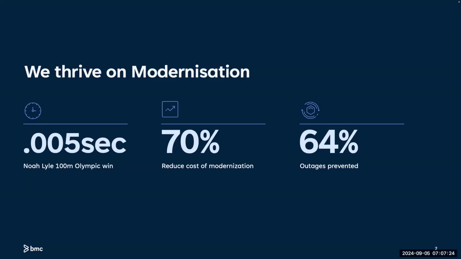But it was also a pivotal moment in modern branding, because in our digital age, this victory was instantly shared, analyzed and celebrated on social media, and it amplified the impact of his win far beyond the stadium.